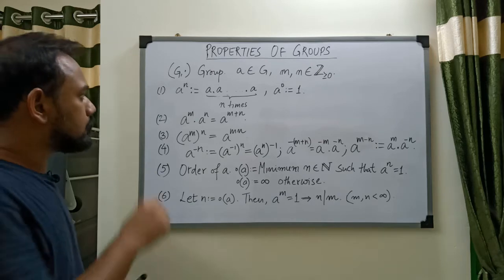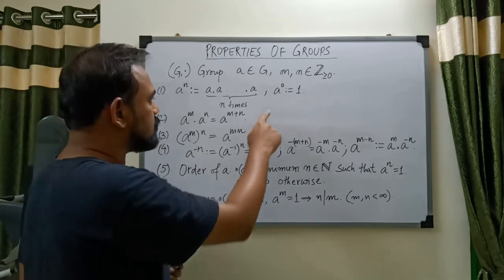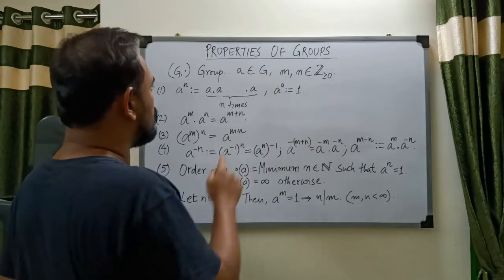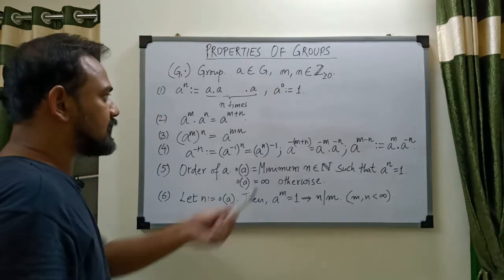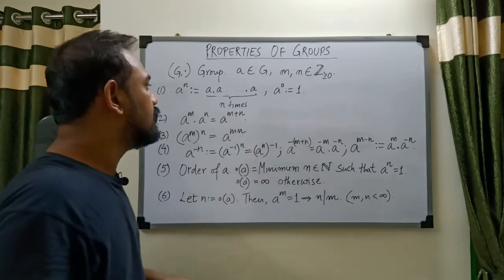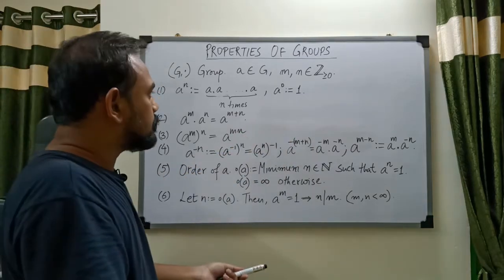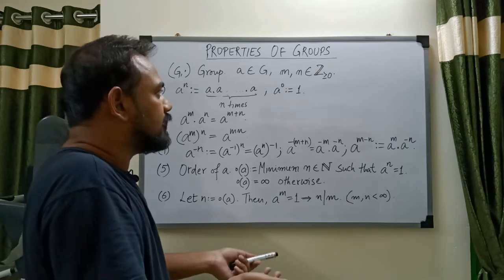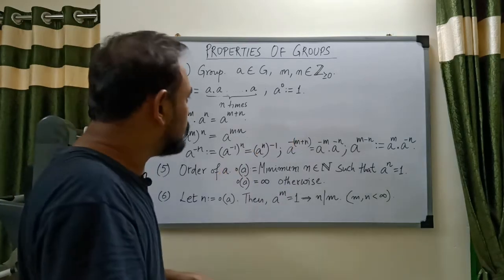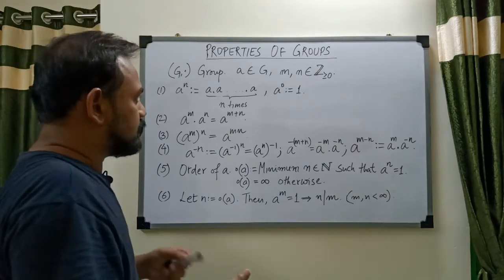Okay, and we also want to define a raised to 0 as the identity element of the group. Okay, the group obviously has the identity element, which again I'm going to call 1. I'm going to write it as 1. It's not the same 1 as the number 1 that we know, but I'm using the same symbol. Okay, because that's the tradition.